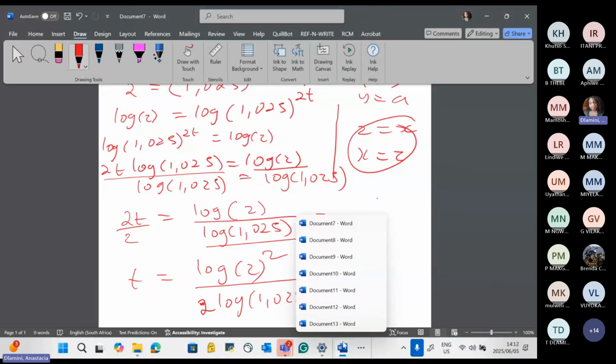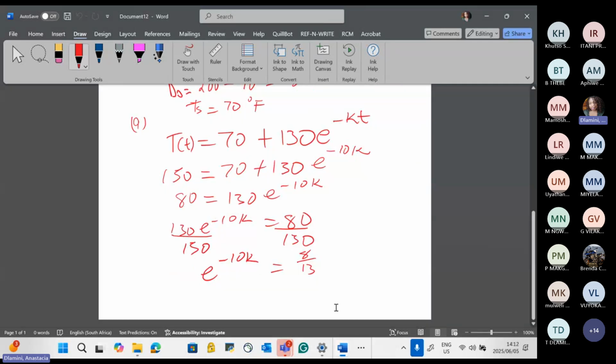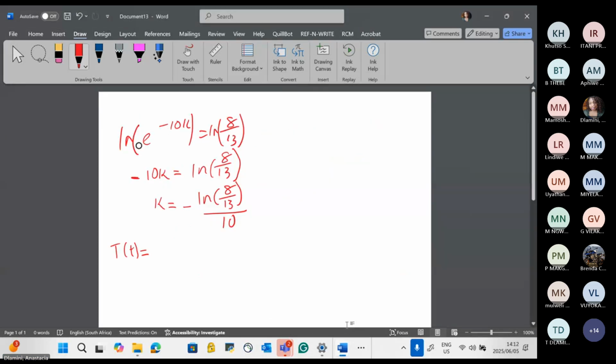So now I'm lost myself. Okay. So this is 70 plus 130. I need to remember that, guys. This is 70 plus 130 e to the minus, so the minus and minus cancel.